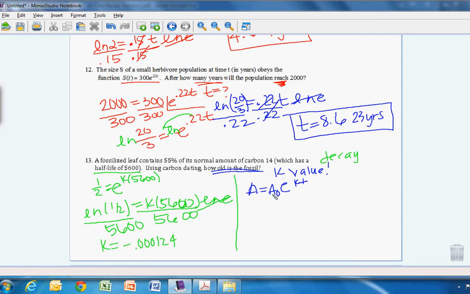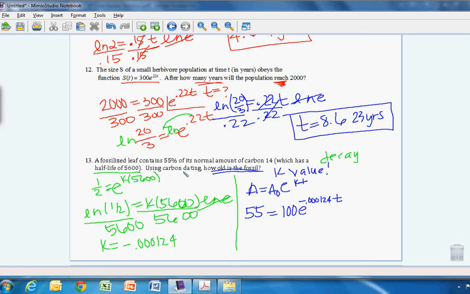My A and A sub 0 value, you can think of this two ways. If it's 55%, we know that 55% is left over. And the initial value, since this is a fossil, would have been 100%. So if you need to think about it that way, then please do. K is negative 0.000124, and we'll figure out what t is.